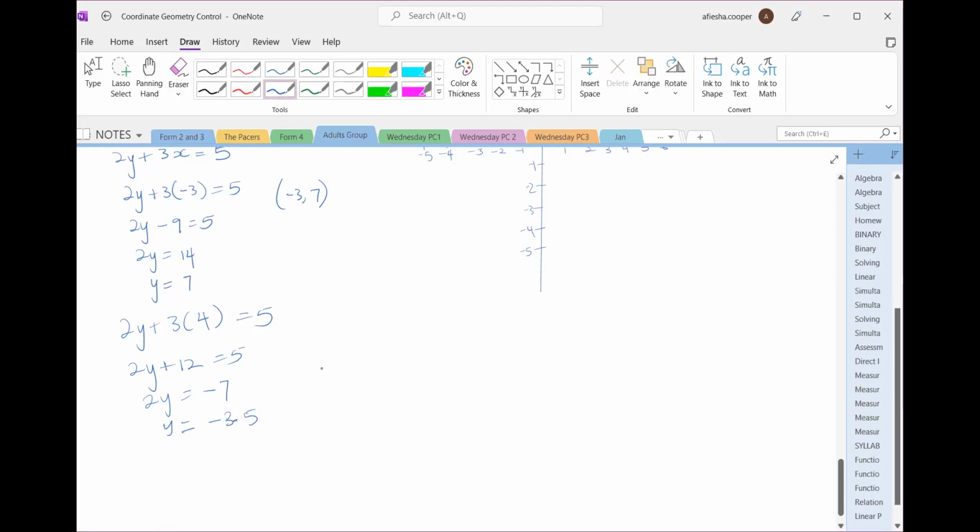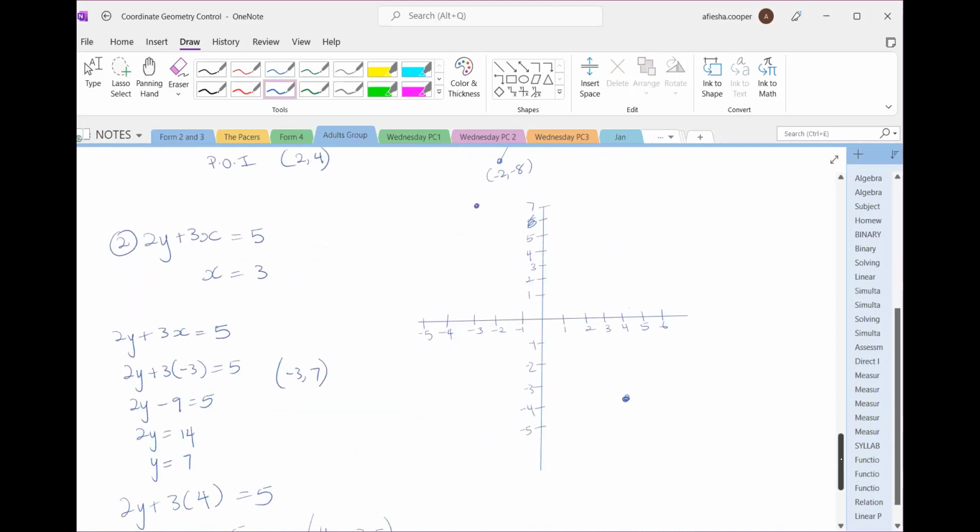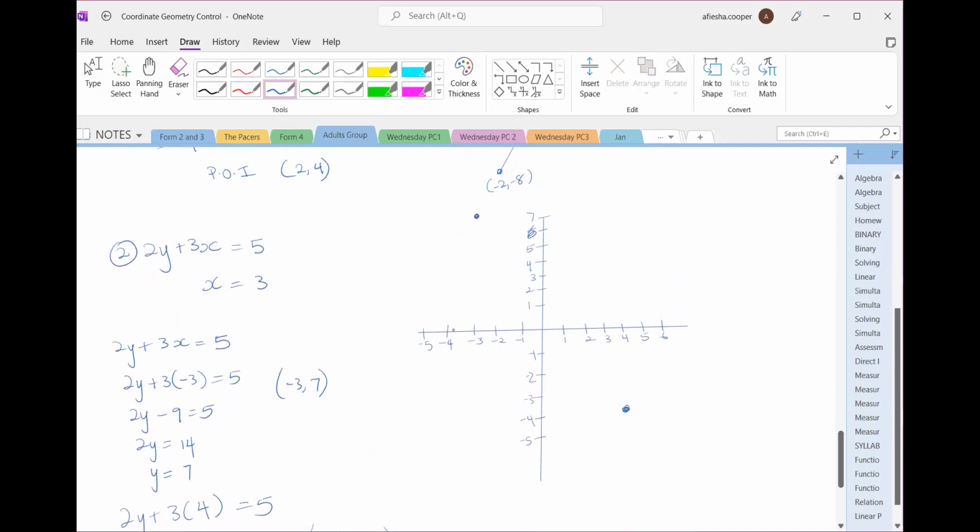So 4 and -3.5, somewhere in between here. Any questions? So always try to have points on opposite sides so you can cross the axis, right?